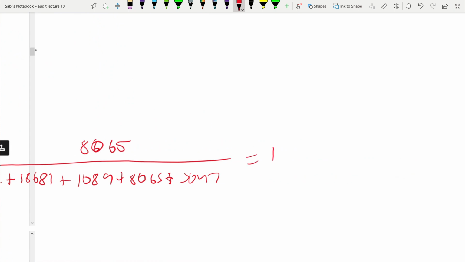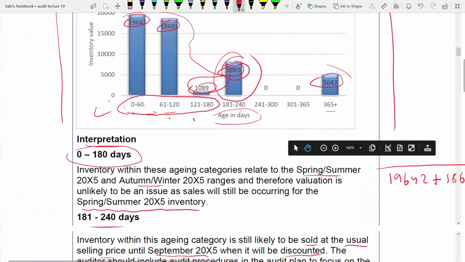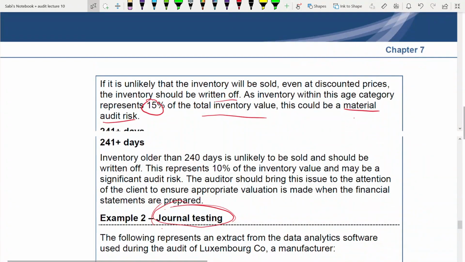So you will get around 15%, 15 point something or 14 point something, round up to the whole number. So around 15%. So it's material, right? So inventory in this category represents 15% of the total inventory. It's a material audit risk. This is how you interpret. You have to calculate ratios.